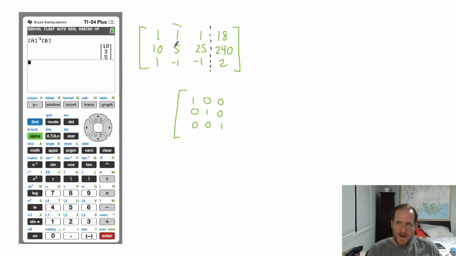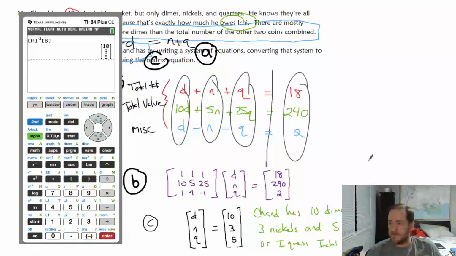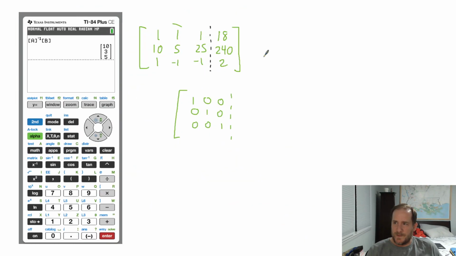And as you modify the rows of the matrix to get this thing into this form, these other numbers over here change into the solution of the system, which for us was 10, 3, 5. If you're able to turn this matrix into this matrix, then this column will magically become 10, 3, 5. And that'll be the answer.